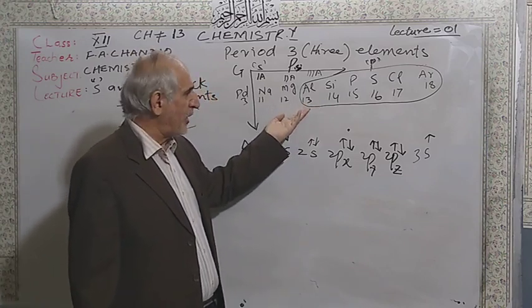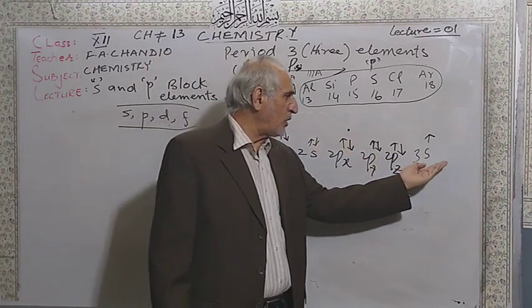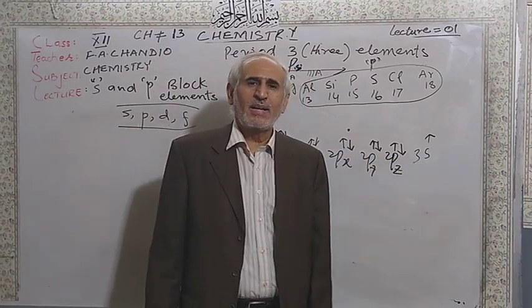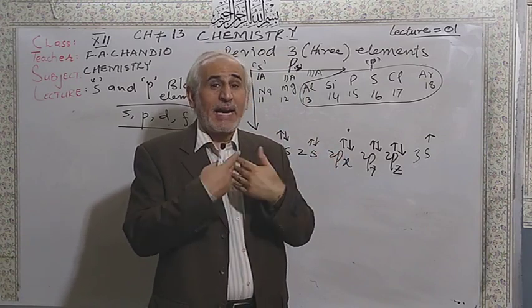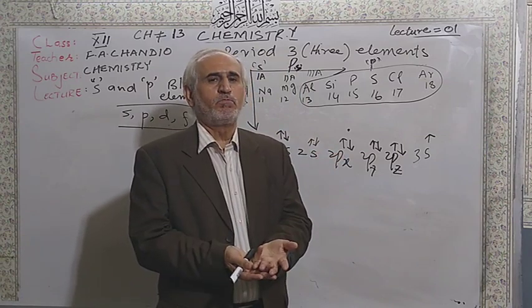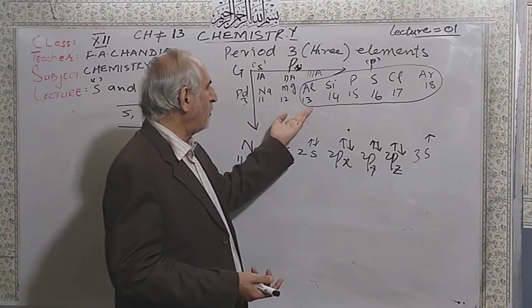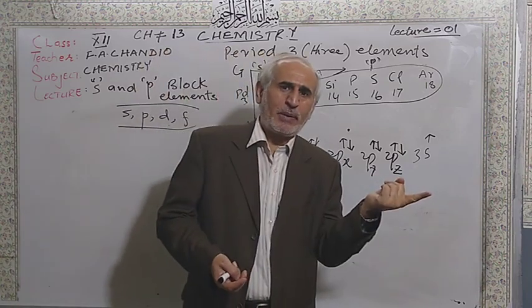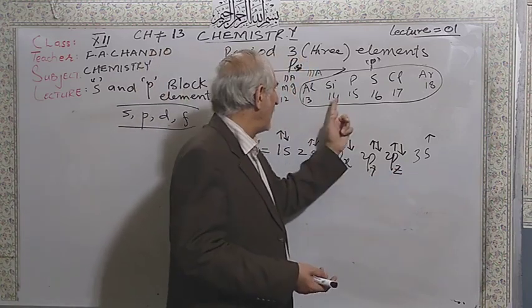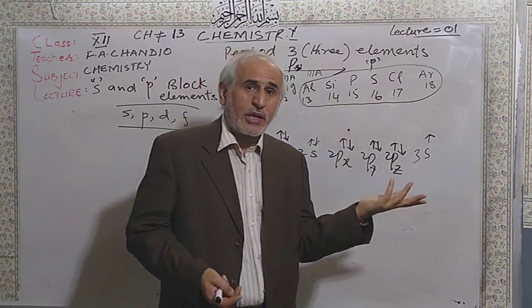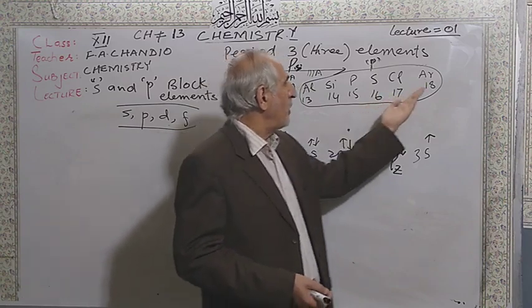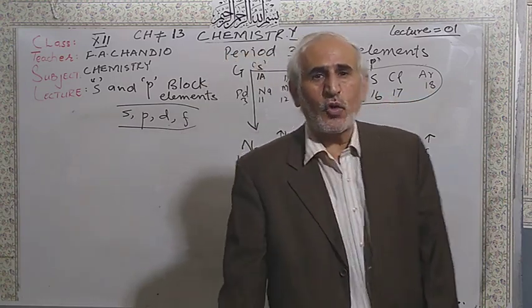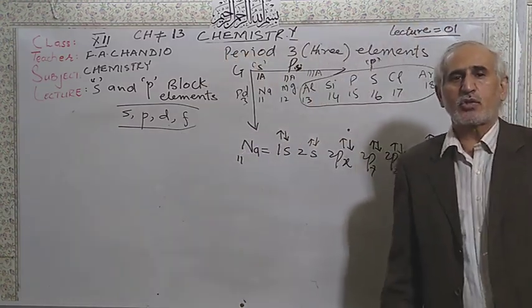Aluminium, atomic number 13, so 3s2, then start 3p. So 1 by 1 electrons will be added in the p. In aluminium, you have 1 electron in the p. In silicon, 2 electrons in the p. In phosphorus, 3 electrons in the p. And in argon, there are 6 electrons, so total 8.